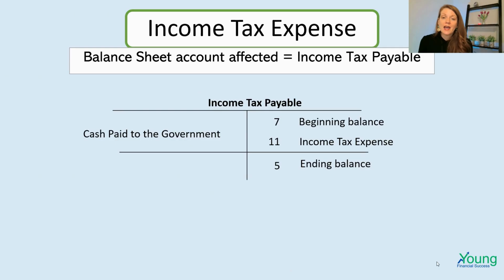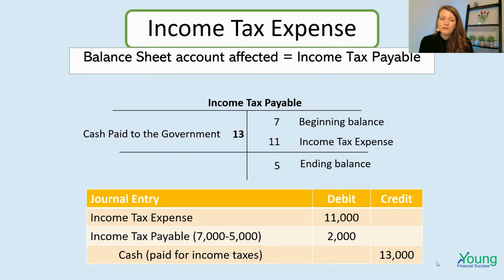So how much cash did we actually pay out? If we took 7 plus 11, we'd have 18,000. That would be our total amount in income tax payable throughout the year. But we ended with just 5,000, so we paid out 13,000. So even though our income statement showed only 11,000 in expense, we paid out even more than that in cash because we still owed some from the prior year.